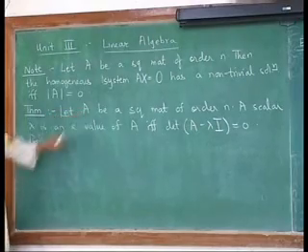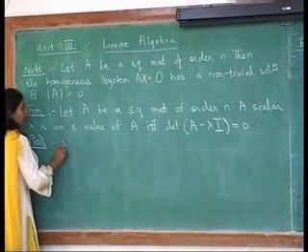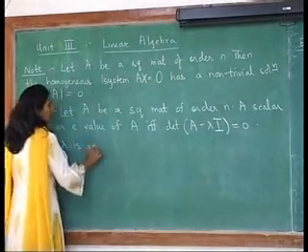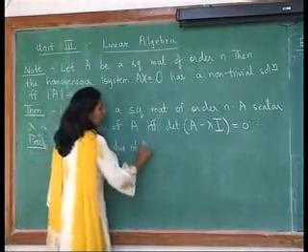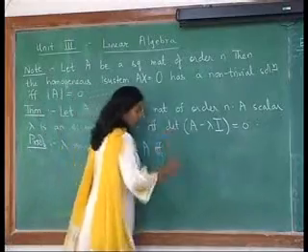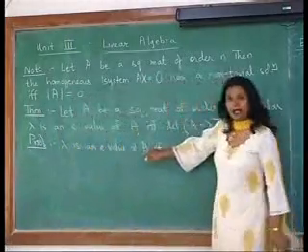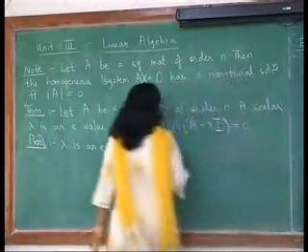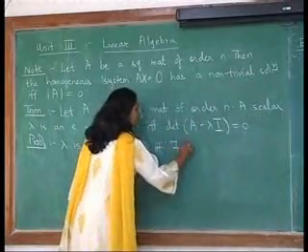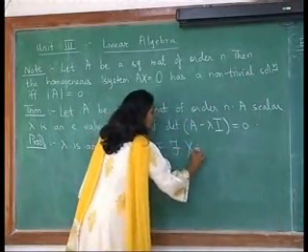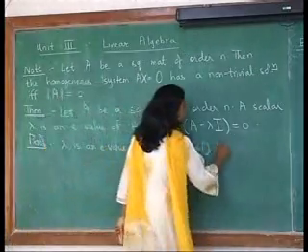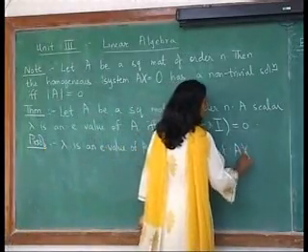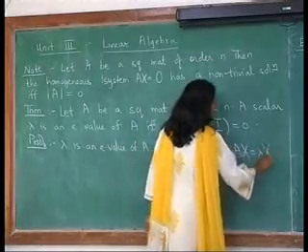So we have a square matrix. A scalar lambda is an eigenvalue of A. Recall the definition. A scalar lambda will be called an eigenvalue of A if and only if there exists a non-zero vector x which will satisfy the equation Ax equal to lambda x.